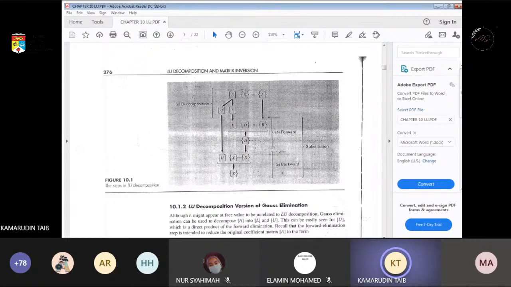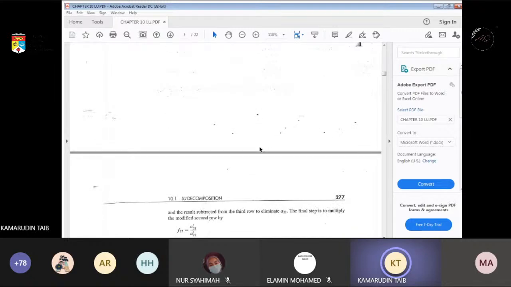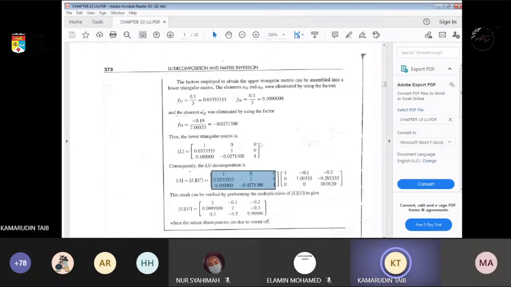Okay. What does forward substitution mean? Forward substitution means you have x1 equal 3 like that. Forward substitute.